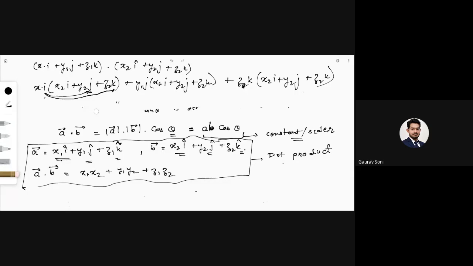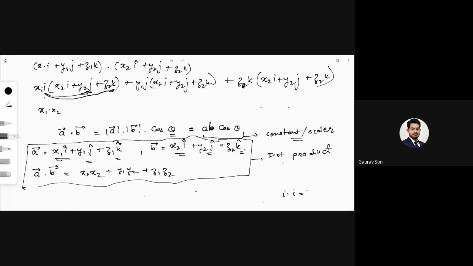Am I right? Yes or no? Yes. So the other two terms are going to give zero. When I multiply this to the first one, I will have x1 into x2, i into i. What was i into i? 1.